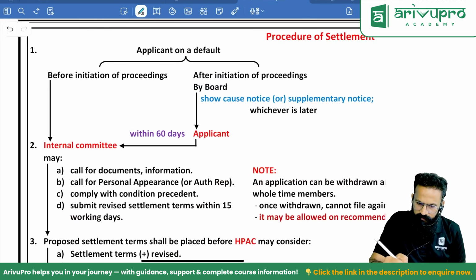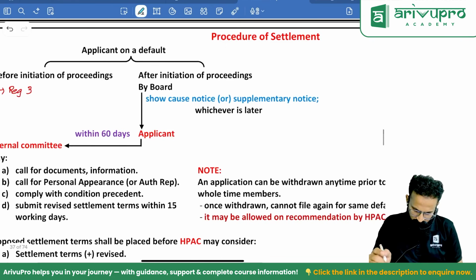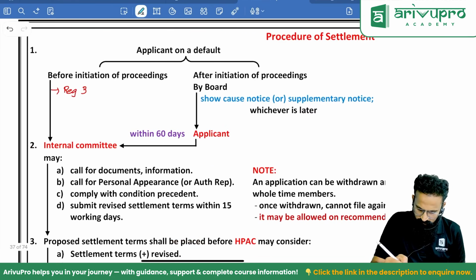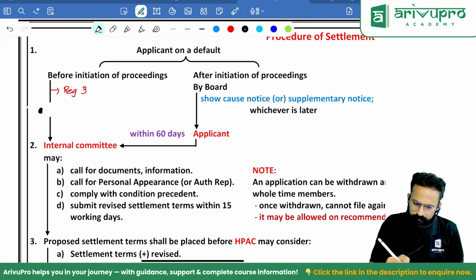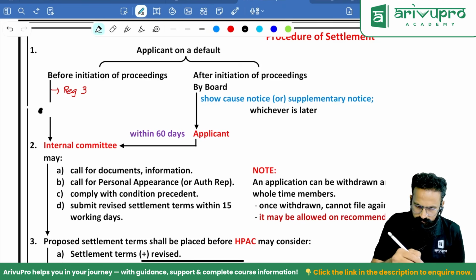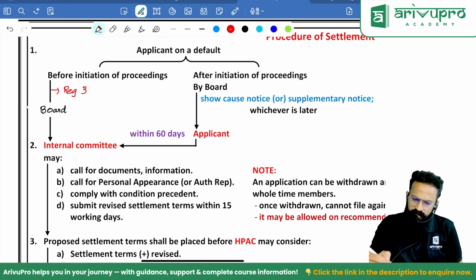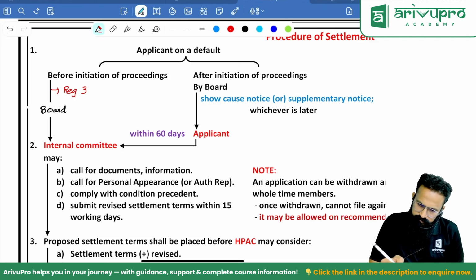Here, try to read along with this regulation 3. And here, let us write, here the Board will come. That is nothing but SEBI. In addition to that, there are 2 more regulations, regulation 5 and regulation 6.